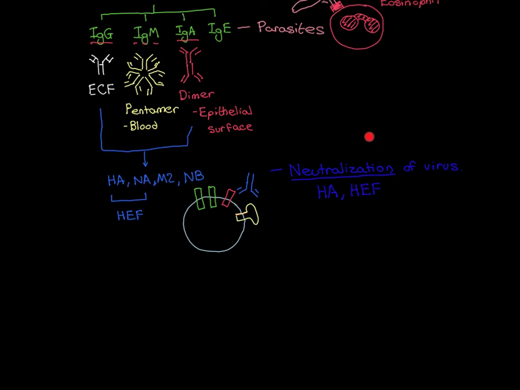So this is one of the absolutely key ways in which these antibody molecules are going to fight the influenza virus. And indeed, that is the major thing that IgA is going to do. IgM is going to play a minor role because the virus particles do not usually end up in the blood. IgG is going to do this as well. IgG is also going to have some other functions that I'd now like to talk about.